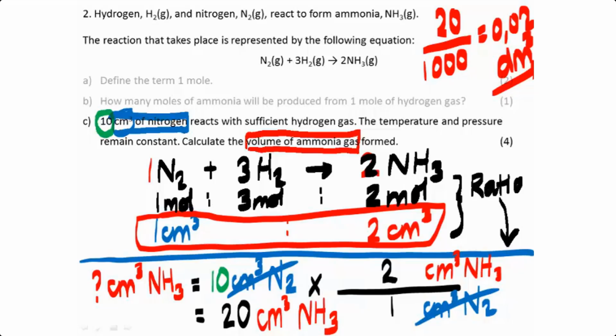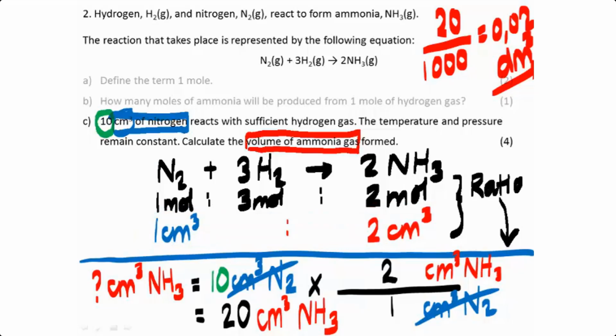The volume reaction ratio for nitrogen is to ammonia is also 1 is to 2, because mole reaction ratios are the same numbers as volume reaction ratios. But you can only use that fact if both your question, your required value here, and your given information here are both volumes. Then you can use the shortcut that I've given here.